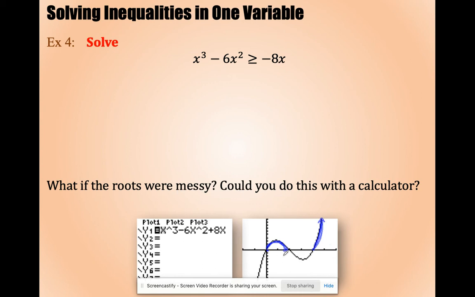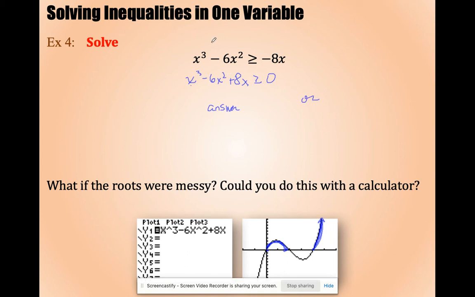Okay, so again, this one wouldn't be given to you with a calculator, but if I did ask you to solve an inequality and asked you to do it with a calculator, I would expect you to do this. I would expect to see that you had to set it equal to 0, and then I would expect you to use your calculator, and I would expect you to be able to answer.